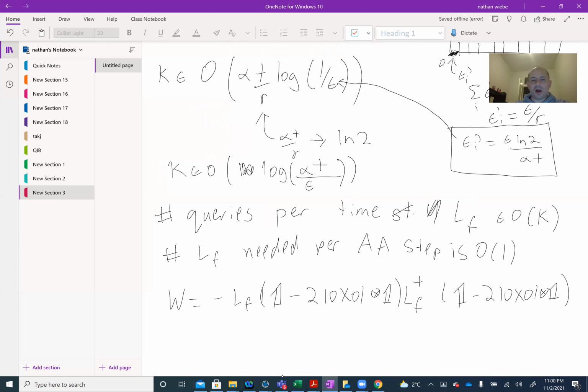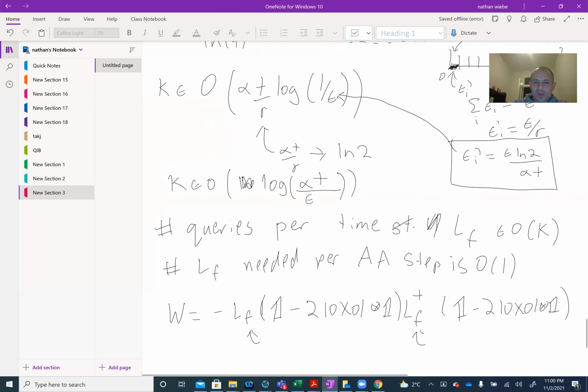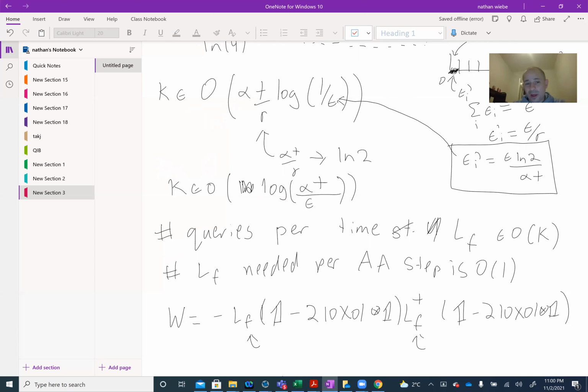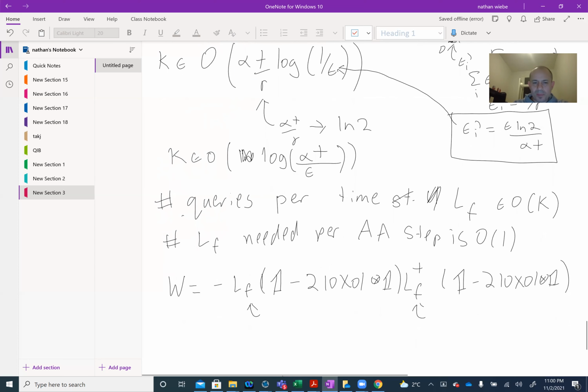So this was our operator. We can see that every time we apply it, we need 2 queries. So since 2 is order 1, that's how many times we need to call this subroutine.